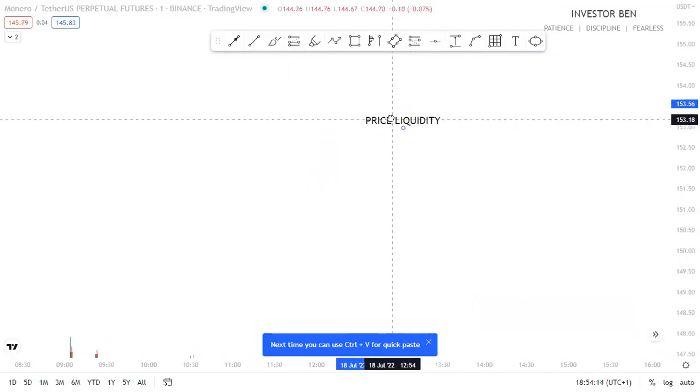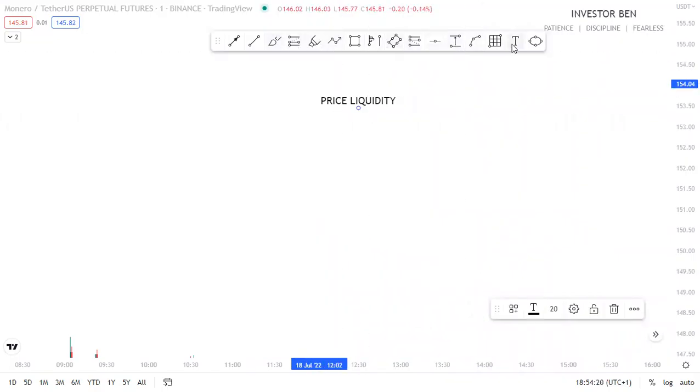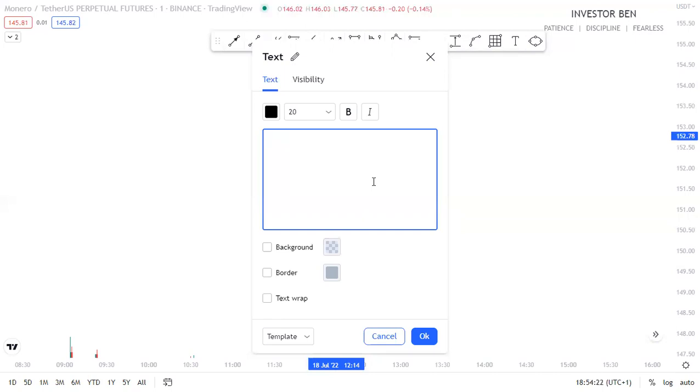Now, the two types of liquidity I'll be explaining here. This is a basic course. It will be equal highs and lows liquidity, then the trend line liquidity.